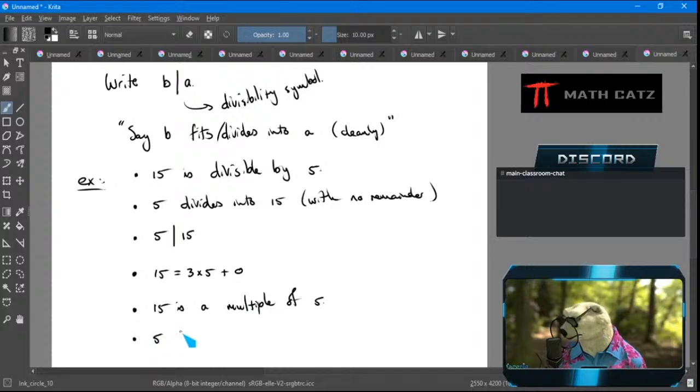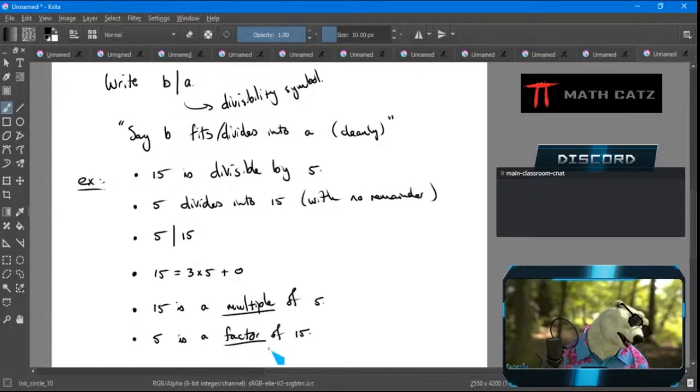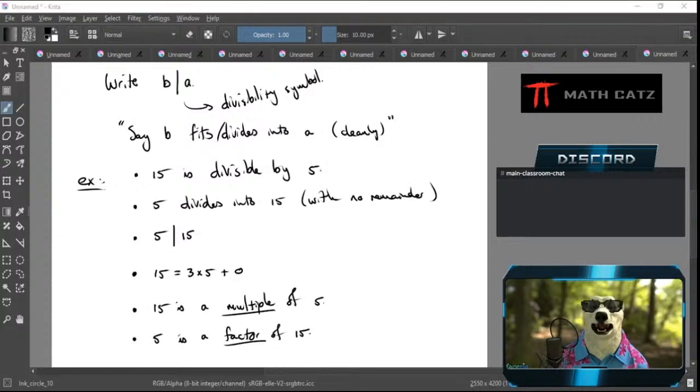The divisor, 5 in this case, is called a factor of the larger number. So I want to be comfortable and very familiar with the words multiple and factor. They're going to come up a little bit more later once we have some more stuff discussed, but I want to mention it as early as possible so that there is no excuse when I use those words often.